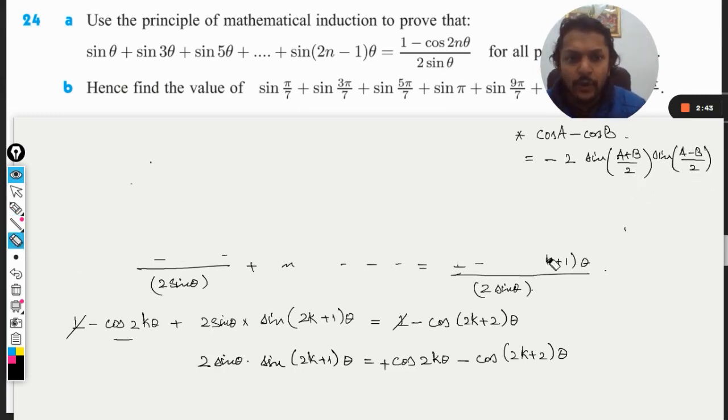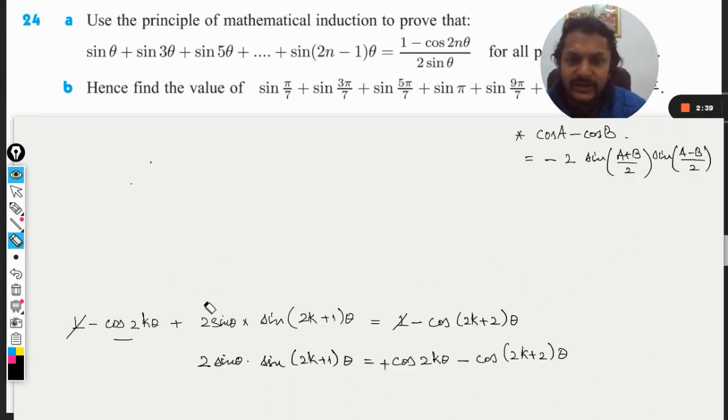And now I'm going to apply this formula to the right hand side, because on the right hand side I have two cosines. So how can I write it? The left hand side is completely written like this, same.